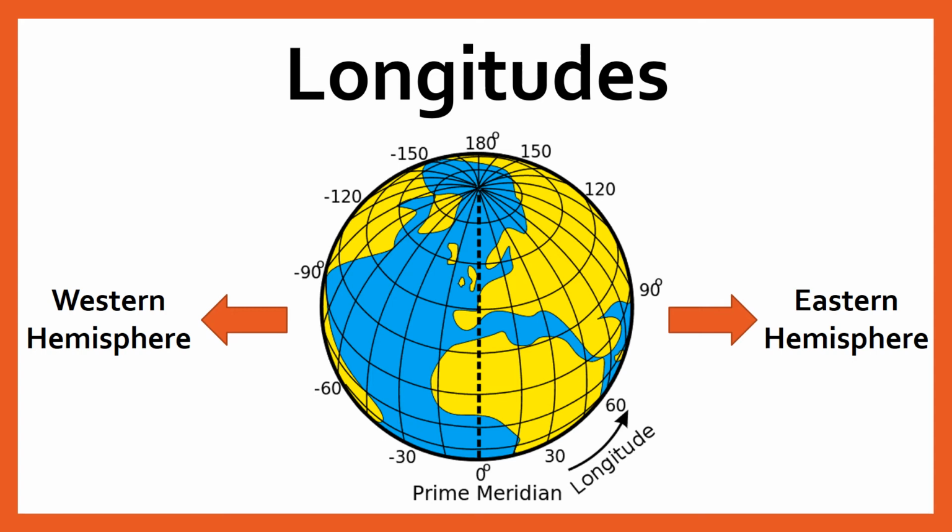Now, with prime meridian as the base, we have drawn some more lines for our convenience. Let's see what these lines are. Well, these lines are called longitudes and they are drawn like this on the entire earth. Since these lines are drawn with prime meridian as the base, so they are also called meridians.